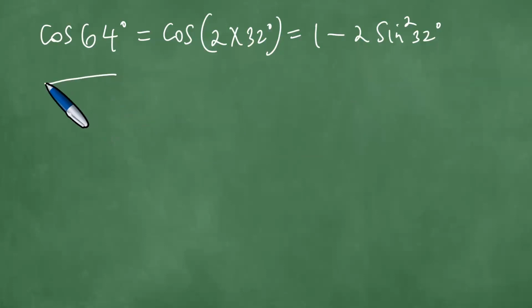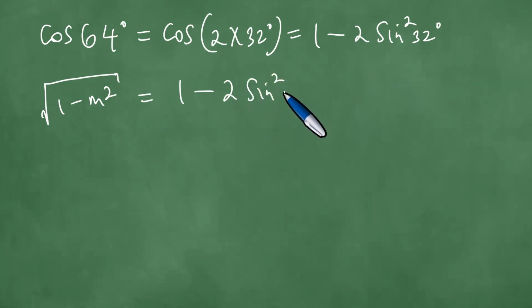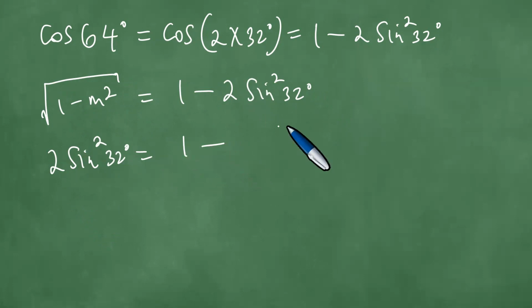And the cosine of 64, we've already seen, is the square root of 1 minus m squared, which equals 1 minus 2 sine squared of 32 degrees. We need to manipulate this and make the sine of 32 degrees the subject of this equation.